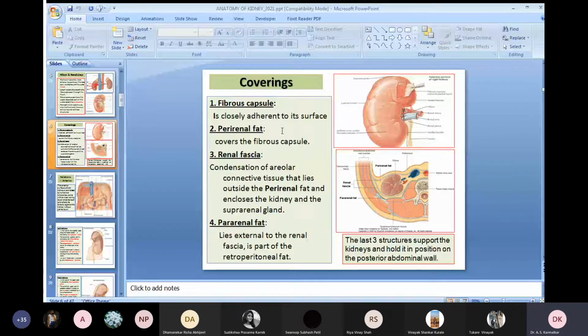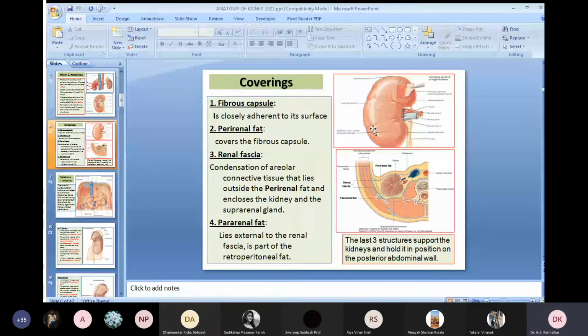So perirenal fat. It covers the kidney and we have seen it in the renal sinus also. Renal fascia. What is this renal fascia? It is nothing but the condensation of areolar connective tissue, just around the perirenal fat. So the perirenal fat is covered by the renal fascia.